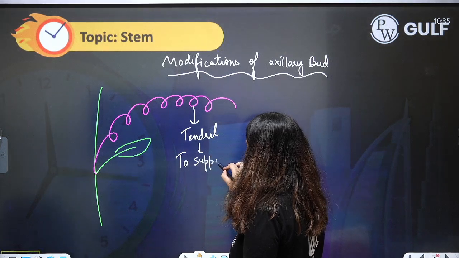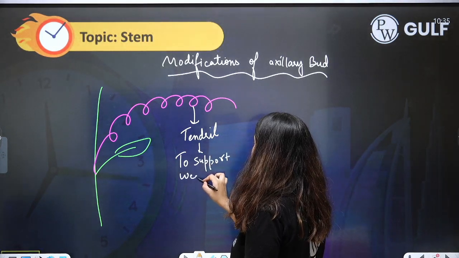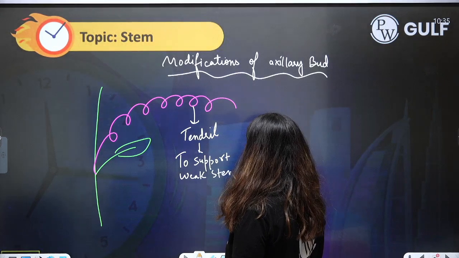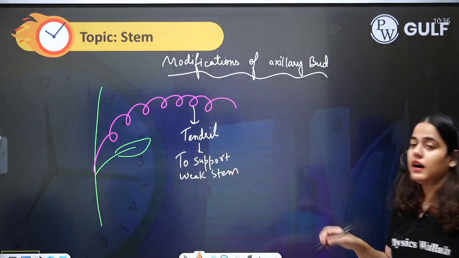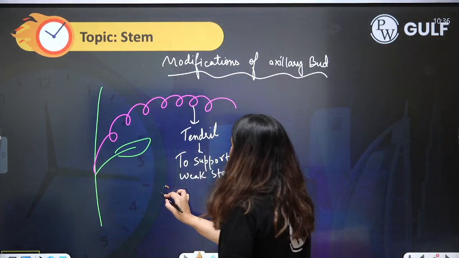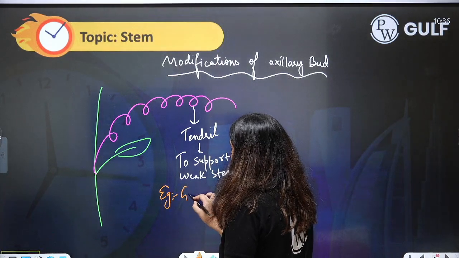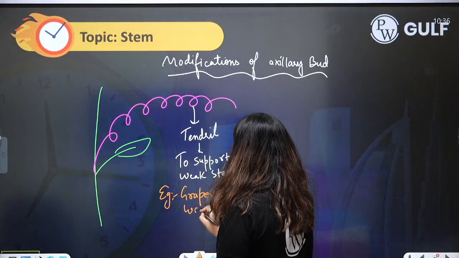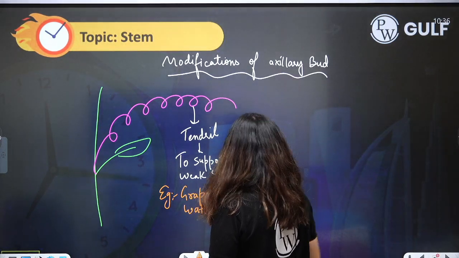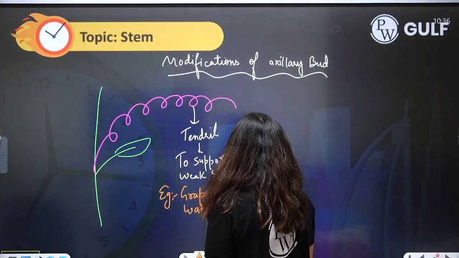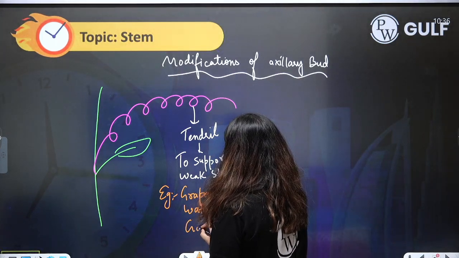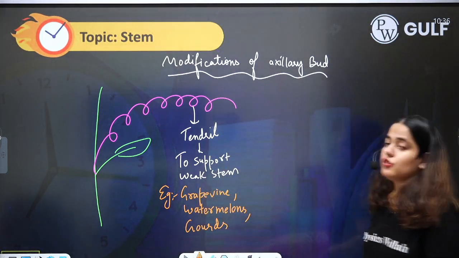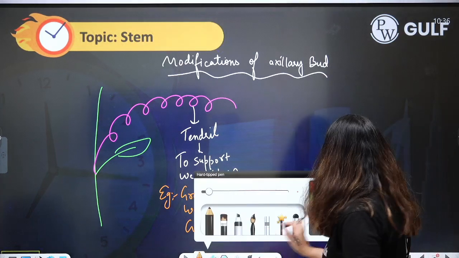The stem is weak, so to support the weak stem, the tendrils are there. Example, where do you see tendrils from the stem? Grapevine, right? Watermelon, gourds. So in these plants, you can see tendrils.